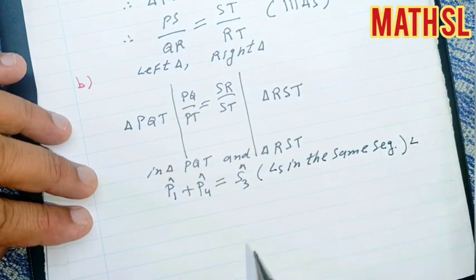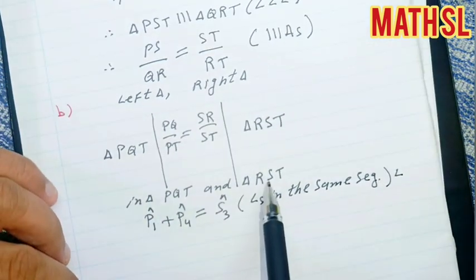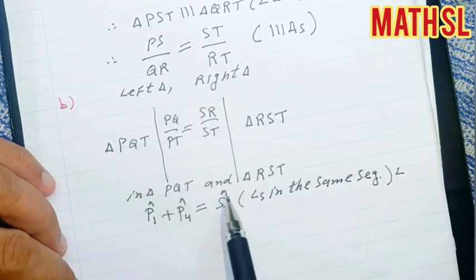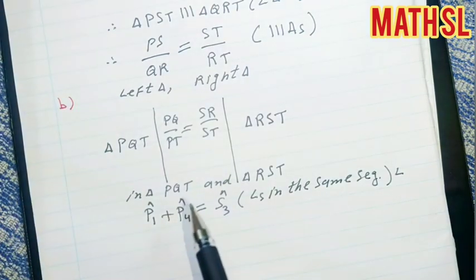So I got the one angle. Now, can you see P goes with S? So we can't say P with R. We have to pay attention to the order of the letters according to what we prove here.